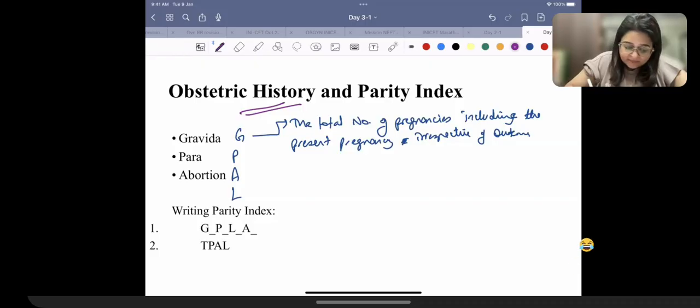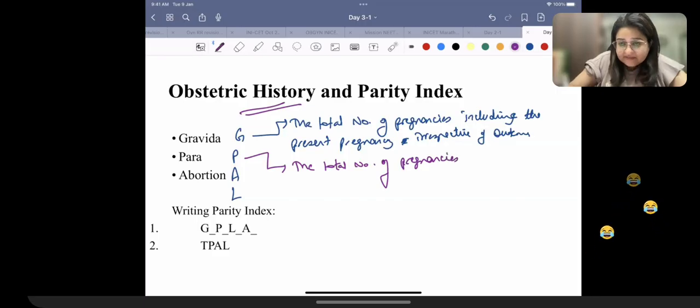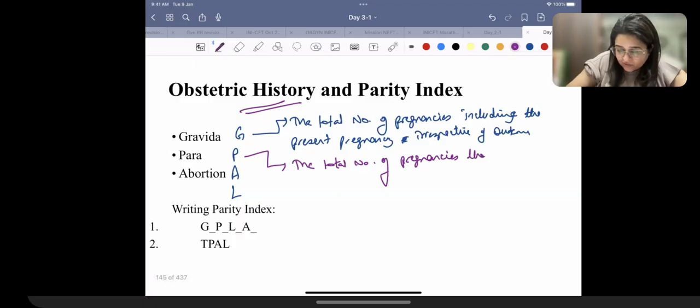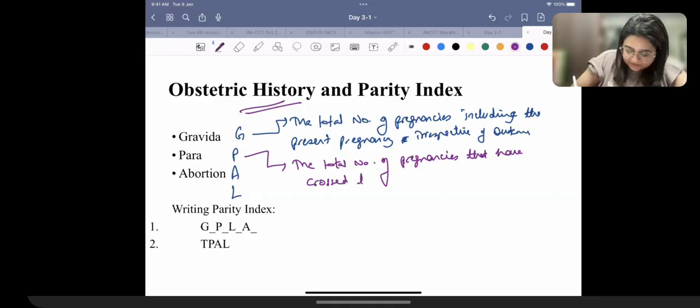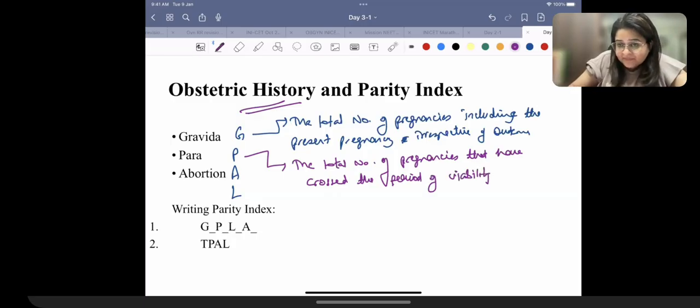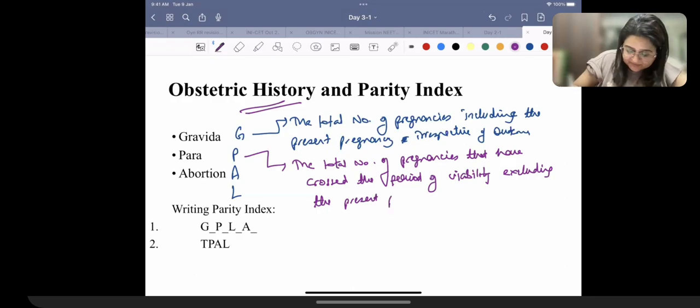What is para? Para is the total number of pregnancies, and listen carefully now, the total number of pregnancies that have crossed the period of viability, excluding the present pregnancy.